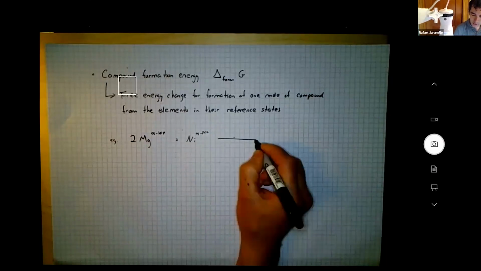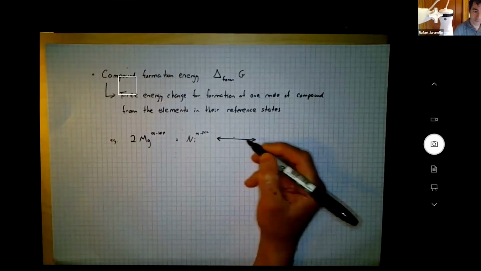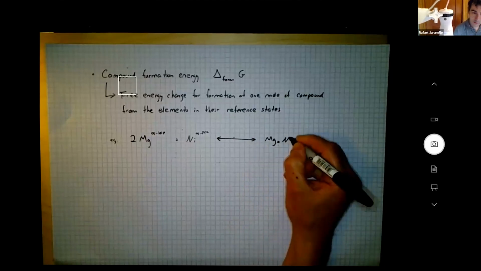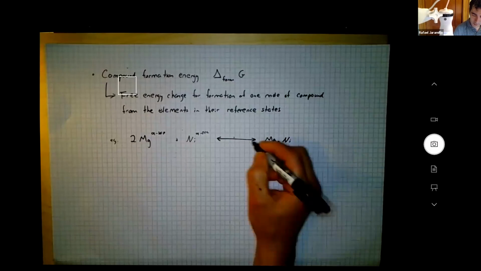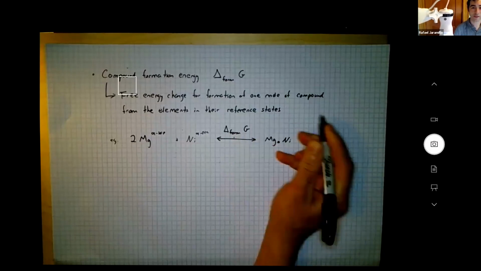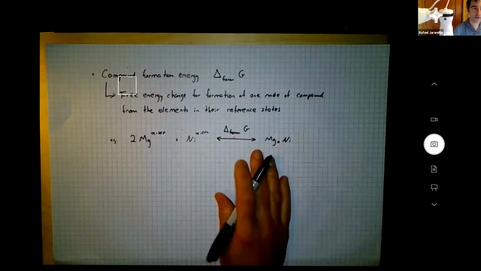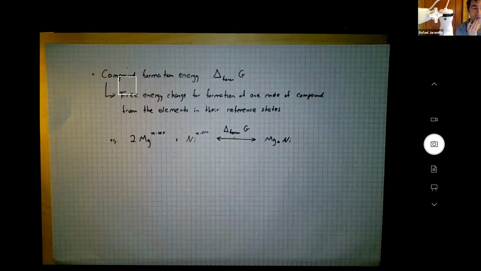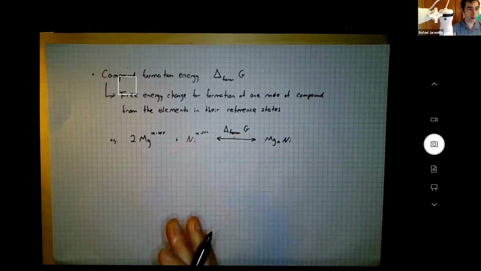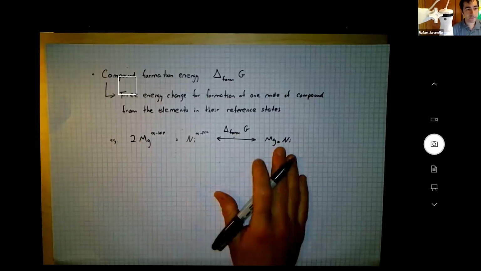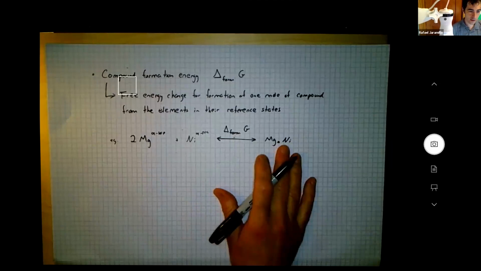And these can react to form magnesium 2 nickel, and there's going to be a free energy of formation for that reaction. You can see I'm using this term reaction, and we're writing things more like molecular reactions, even though this is an extended solid with fixed stoichiometry.